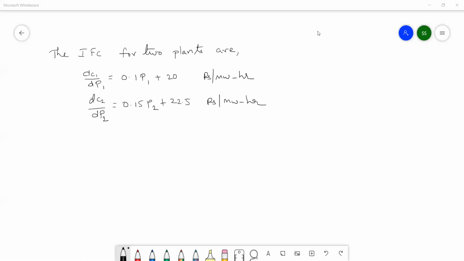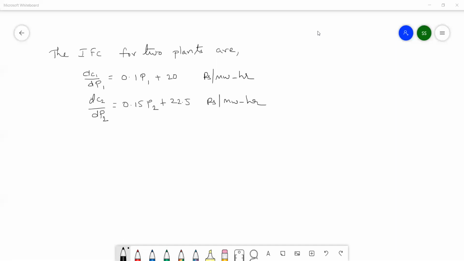Right, you can continue. The system is operating at P1 equal to P2 equal to 100 megawatts and dou P1 by dou P2 equal to 0.2.